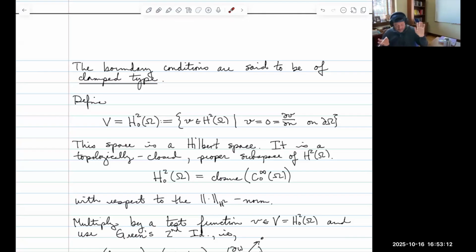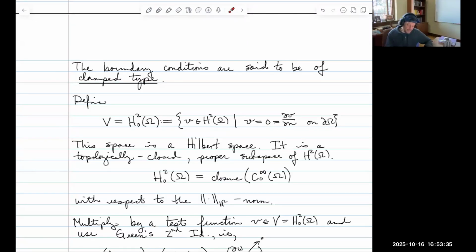Those partial derivatives are understood as weak derivatives. They exist and they're L2 functions. So what is this space? This space can be thought of in various ways. It's a subspace of H2 such that v and the normal derivative of v are 0 on the boundary.